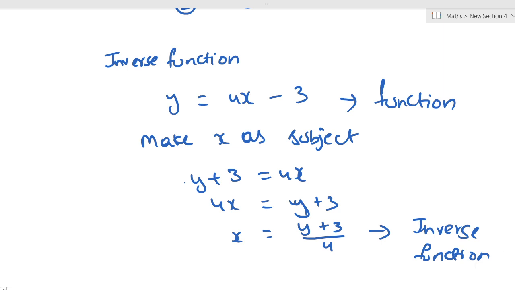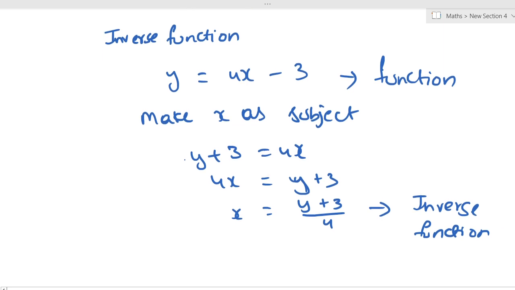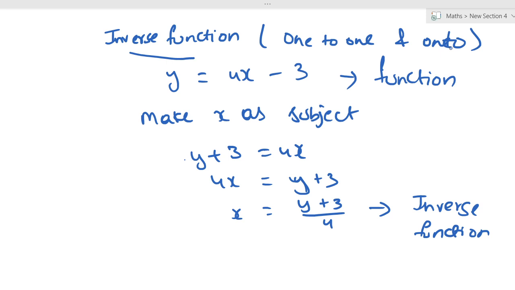If a function is invertible, it must be one to one and onto. So if a function is one to one and onto, only then can we get the inverse function, otherwise we cannot get it.